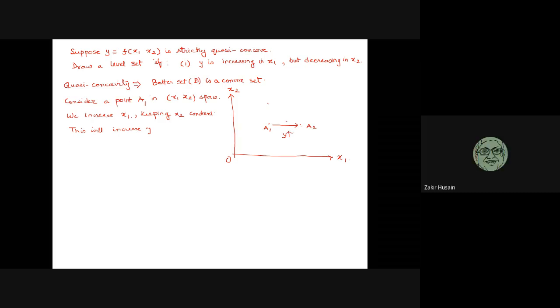So is A2 on the level set? No sir, because y is varying here. Okay. And we move off the level set. Yes sir. So is this point better or worse? Sir, better.